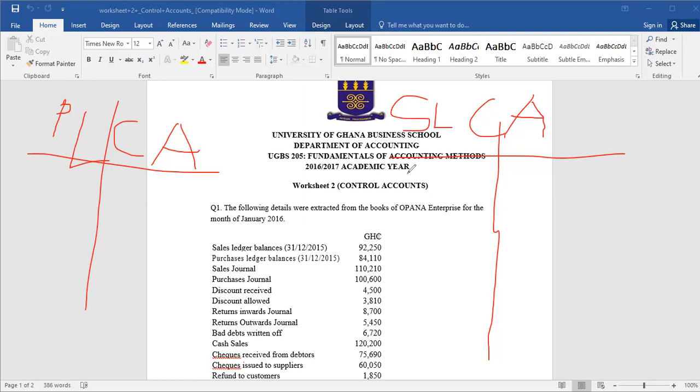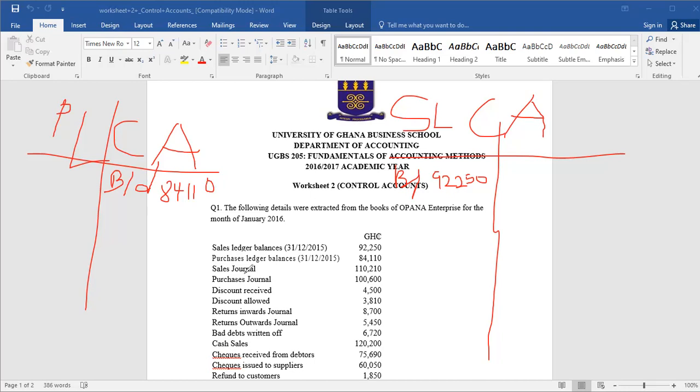Like I made the first one, this is the balance brought down, and it is 9,225. When you come here, the balance brought down comes to this side, and that one is 8,411. I hope that's clear.